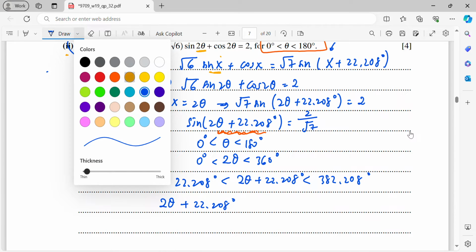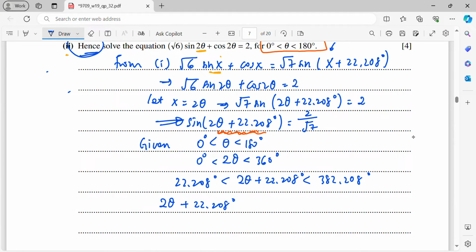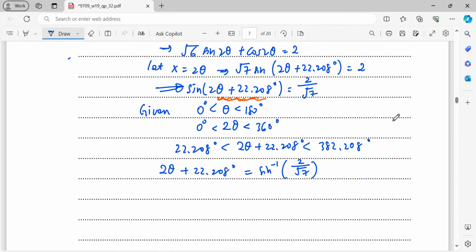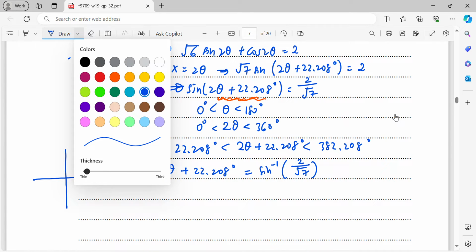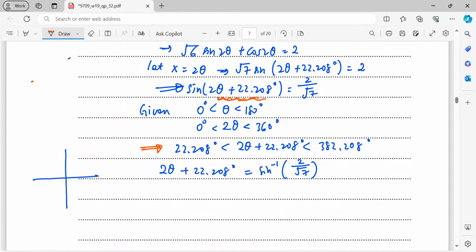Okay, so from here, I will say my 2 theta plus 22.208 degrees, when you solve this, you move the sine to the other side. Becomes inverse sine 2 over square root 7. Right, so now when I draw the quadrant by referring to this interval, that means now it will be first and last quadrant. I mean, you can accept the value from 22.208 until 382.208.